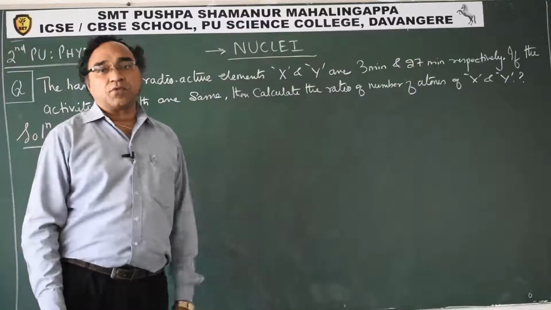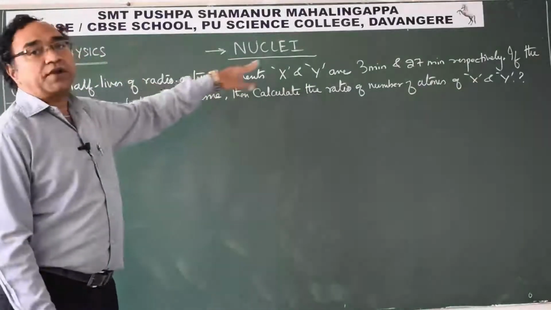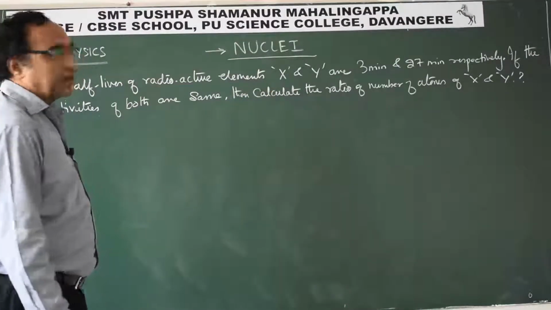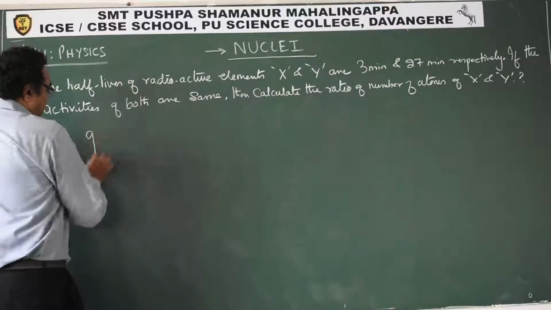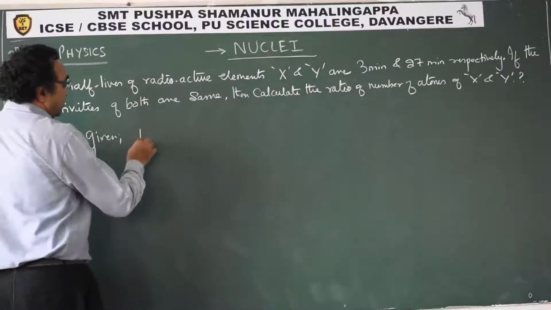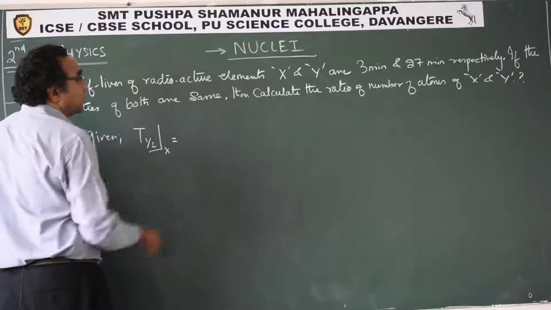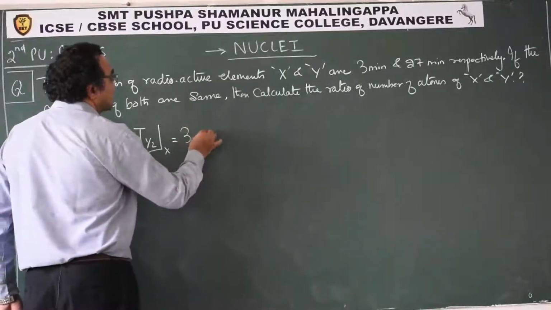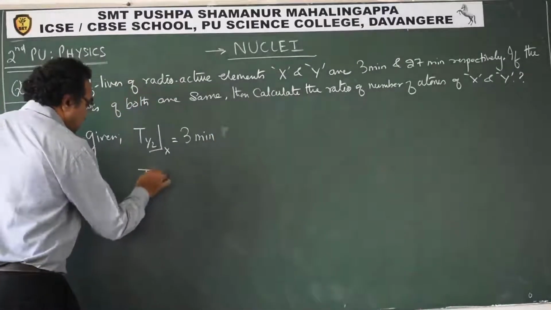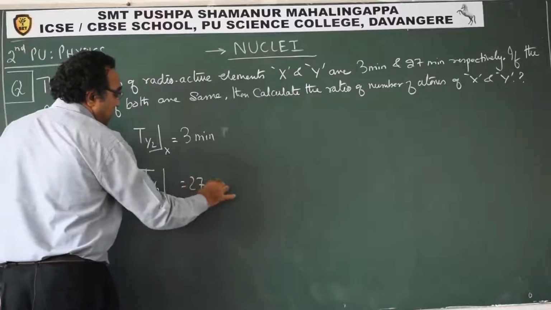Well students, let us take one more question. The question is of this type. The half-lives of radioactive elements X and Y are 3 minutes and 27 minutes respectively. So if I try to record the data, it says half-life of X is 3 minutes and half-life of Y is 27 minutes.